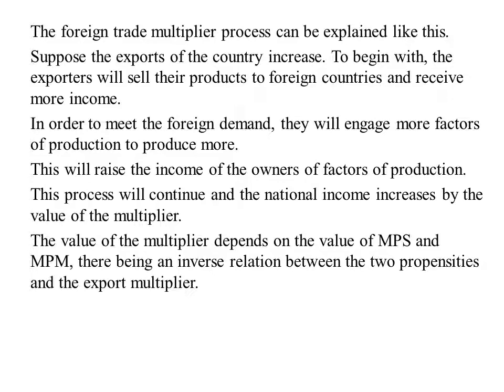Then the foreign trade multiplier process can be explained like this. Suppose the export of a country increases. To begin with, the exporters will sell their product to foreign countries and receive more income.